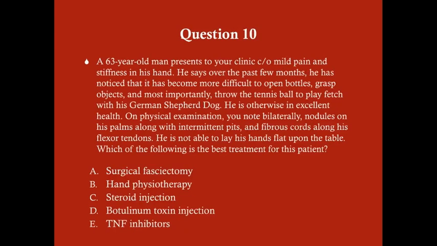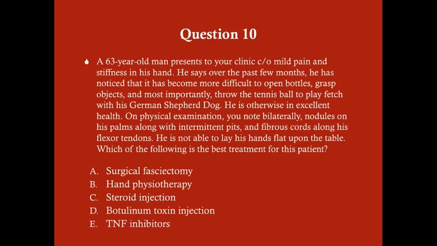All right. Question 10. A 63-year-old man presents to your clinic complaining of mild pain and stiffness in his hand. He says over the past few months he has noticed that it has become more difficult to open bottles, grasp objects, and most importantly, throw the tennis ball to play fetch with his German Shepherd dog. He is otherwise in excellent health.